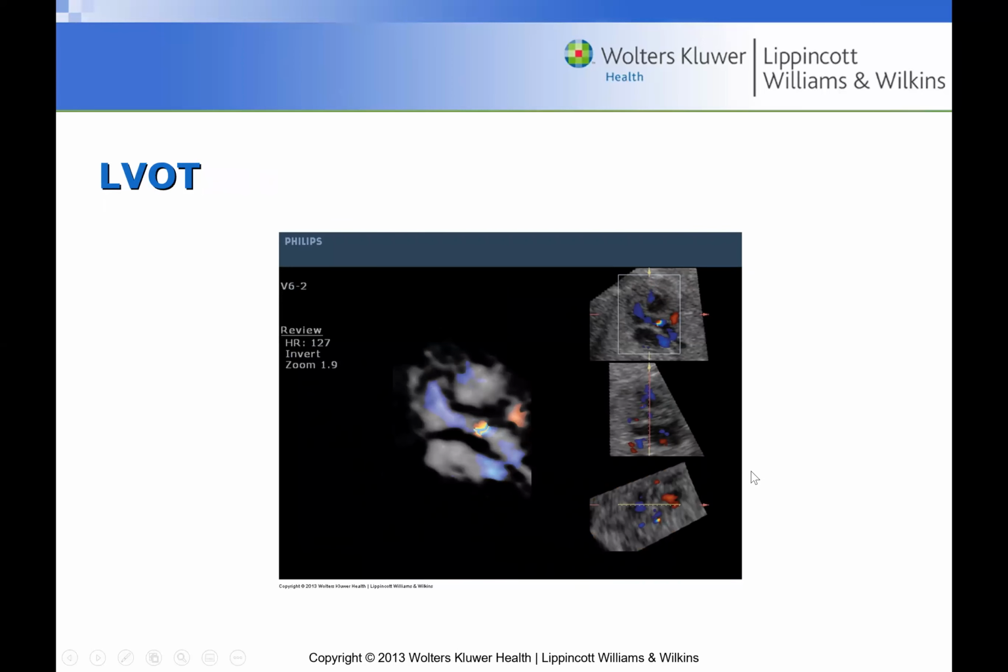You can also do color Doppler, and you need to do color Doppler with your images. A lot of the places where you're going to go have split screens, so you can do a 2D image on one and a spectral Doppler on the other, and that's really a great way to evaluate the heart.